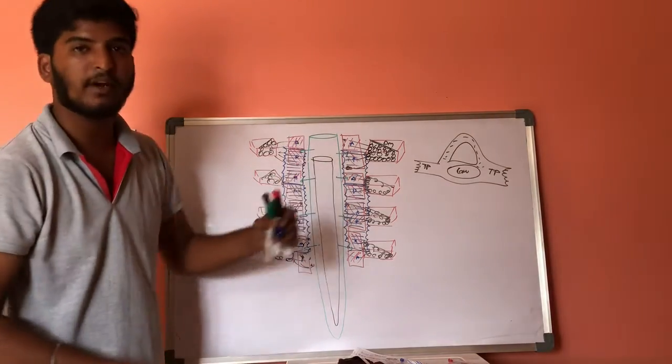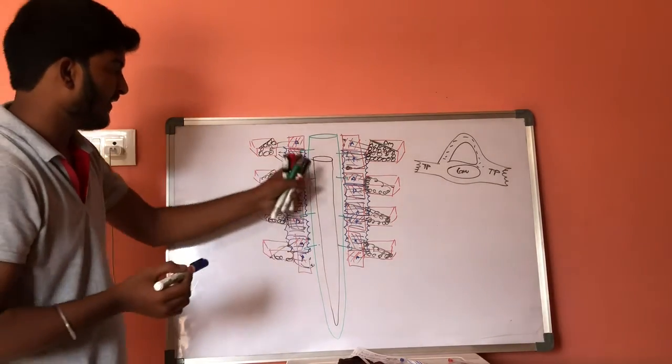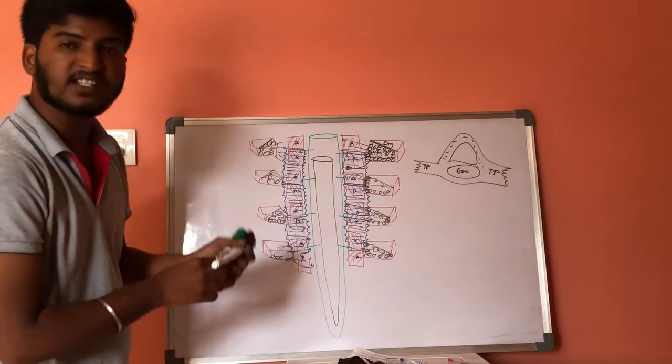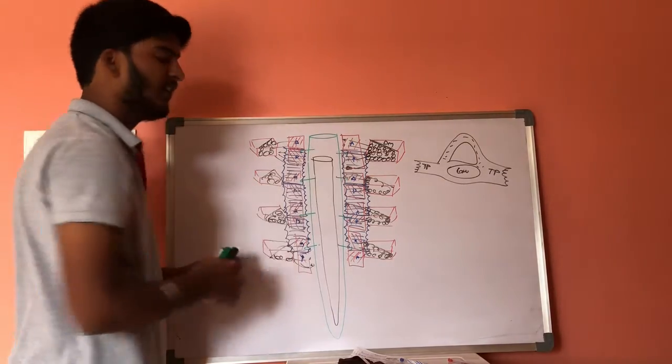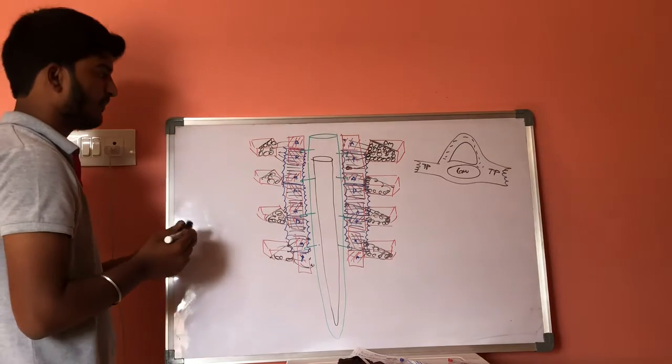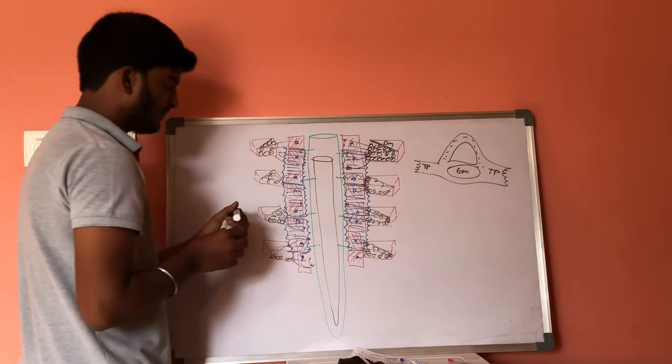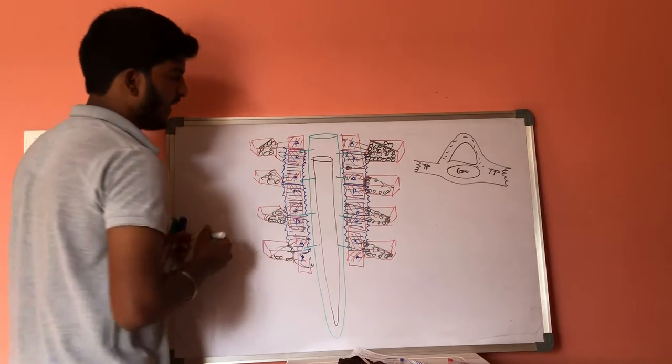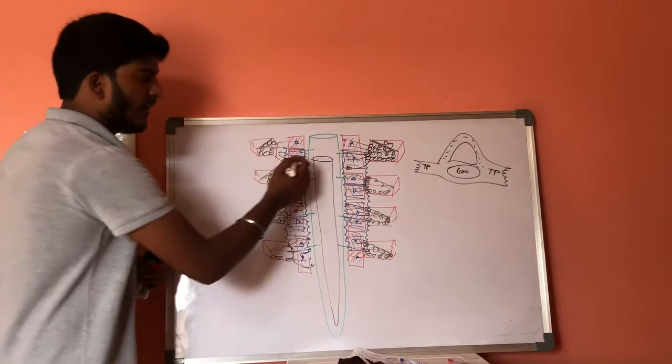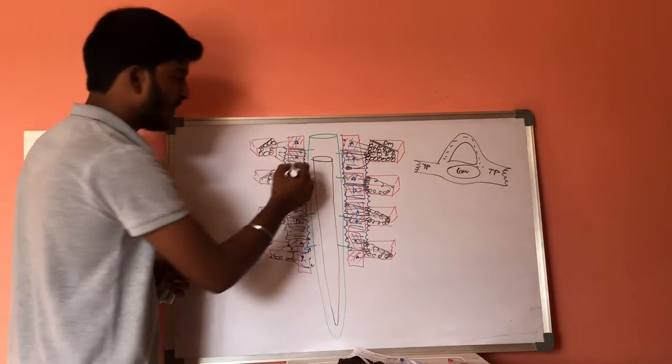part of the next somatomere. So then this somatomere results in the formation of one vertebra. These consist of mesenchymal cells.